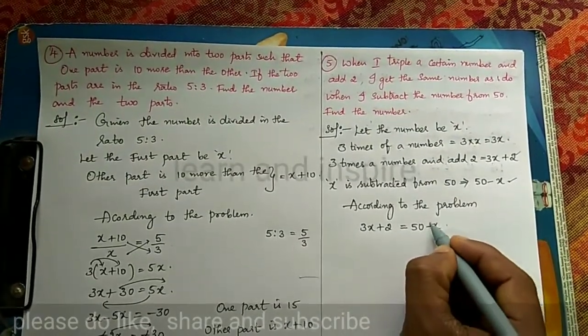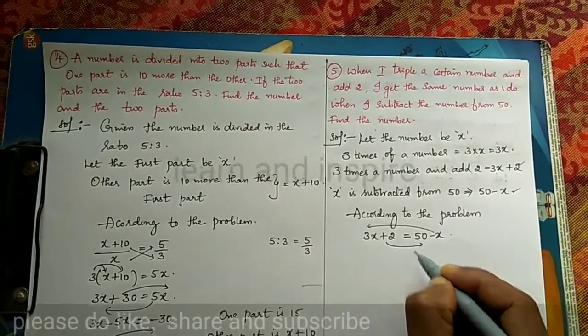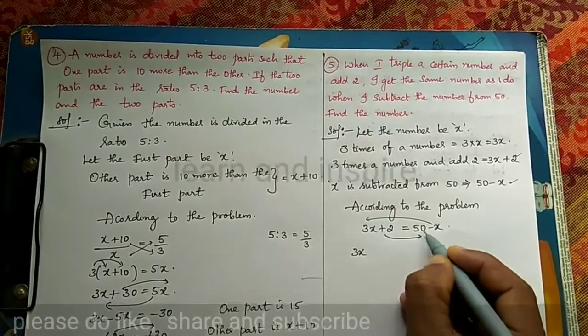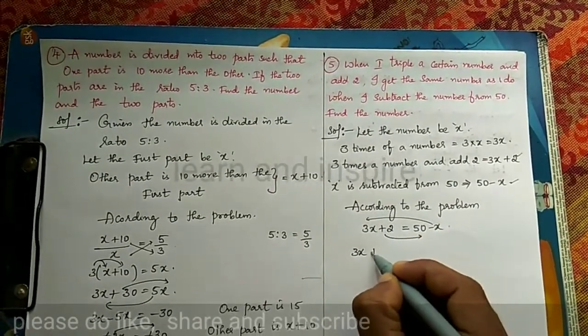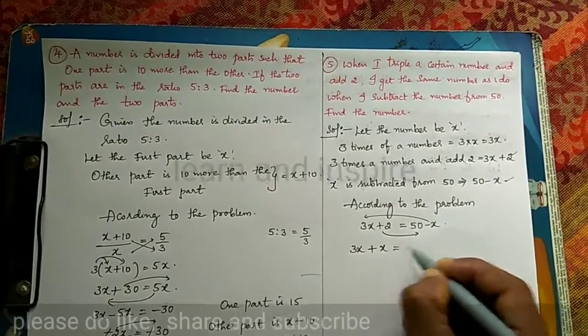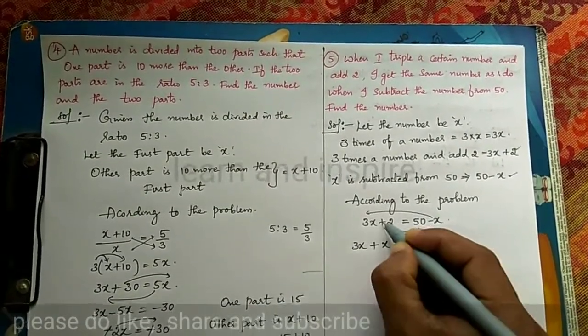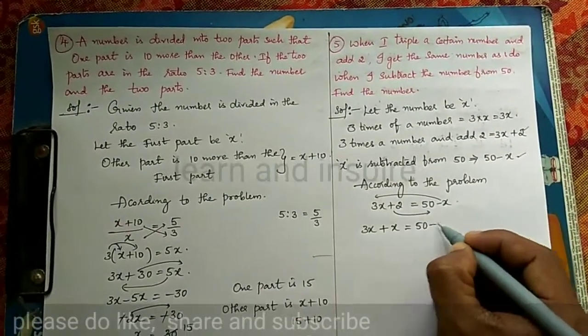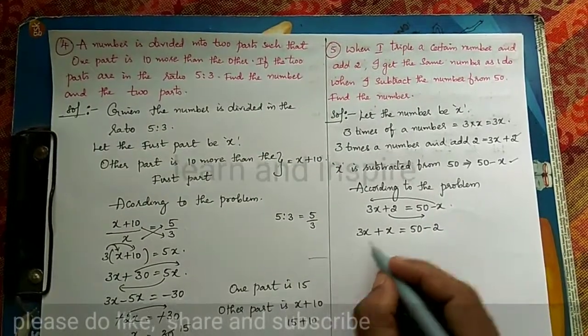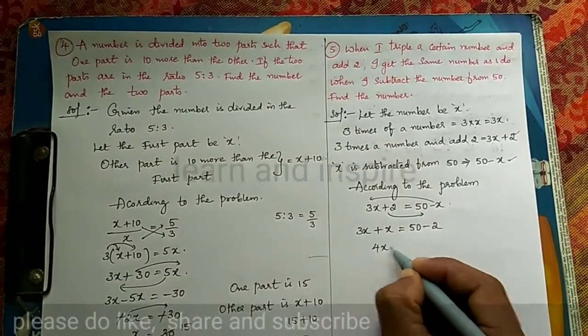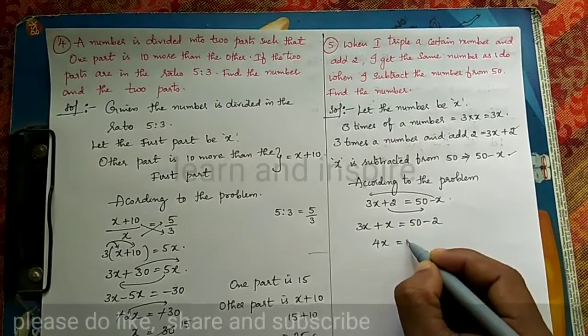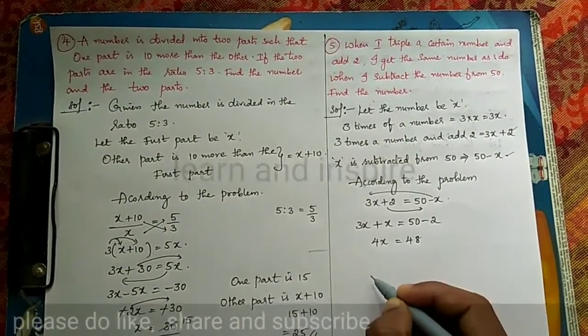Now transposing the variables to the left side and the constants to the right side. 3x as it is. If I transpose minus x, it becomes plus x, which is equal to 50 as it is, and transposing plus 2 it becomes minus 2. 3x plus x is 4x, which is equal to 50 minus 2, that is 48.